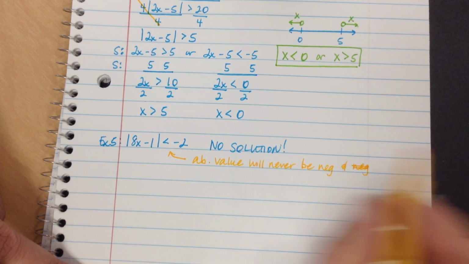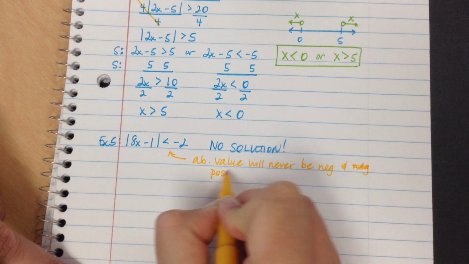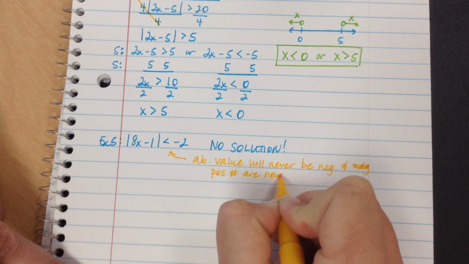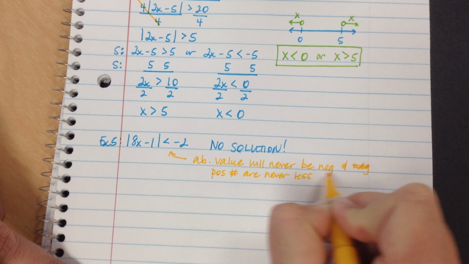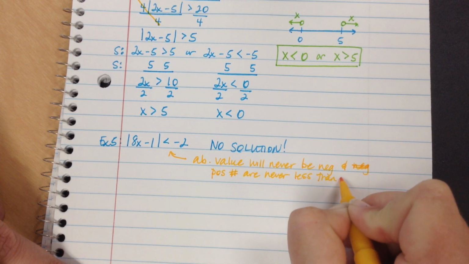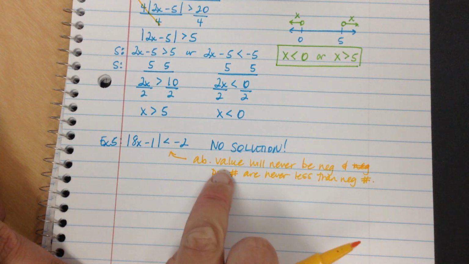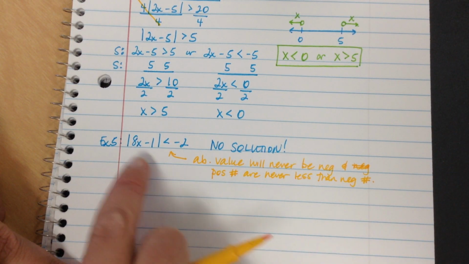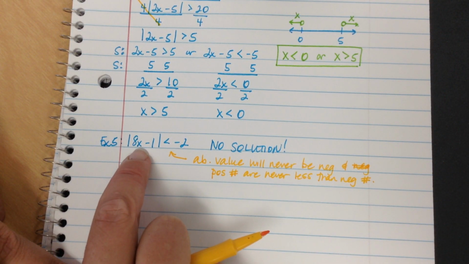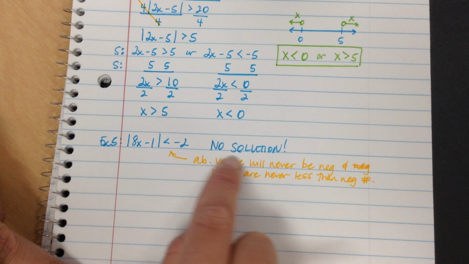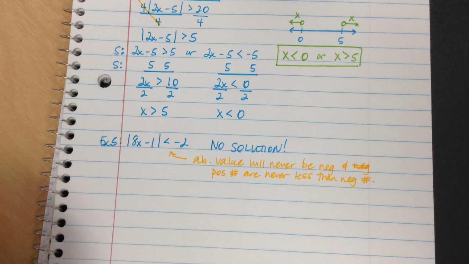And positive numbers are never less than negative ones. Absolute value will never be negative. That means this is going to be a positive number. Positive numbers are never ever less than negative ones. There's no possible answer here.